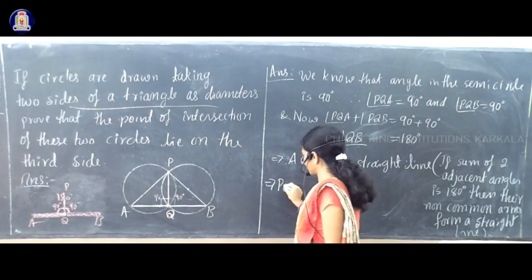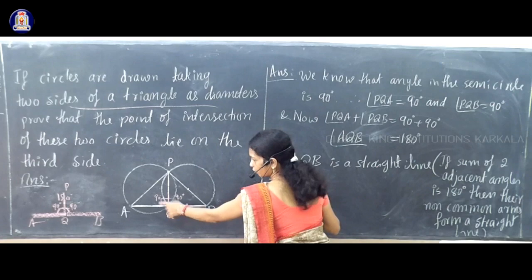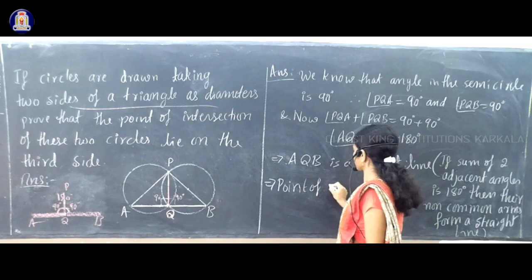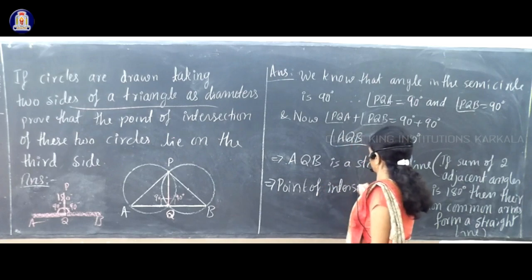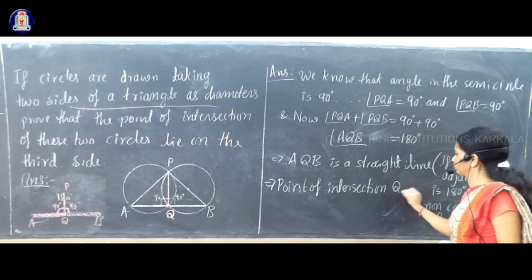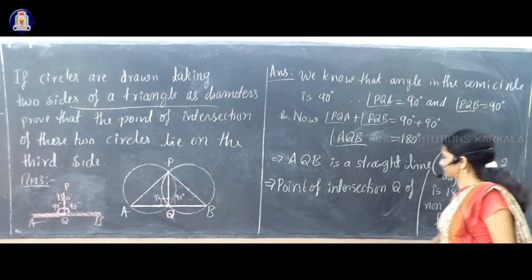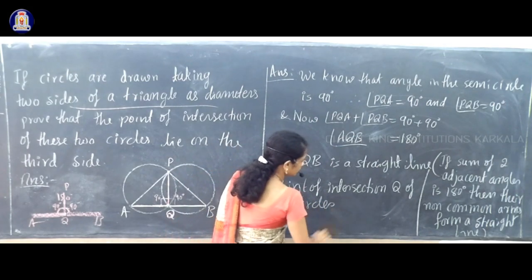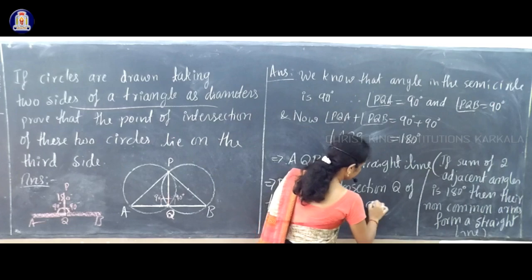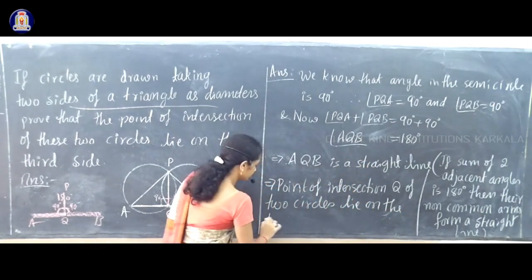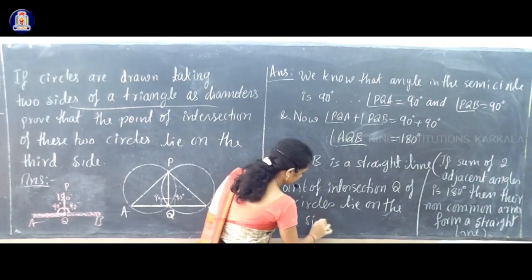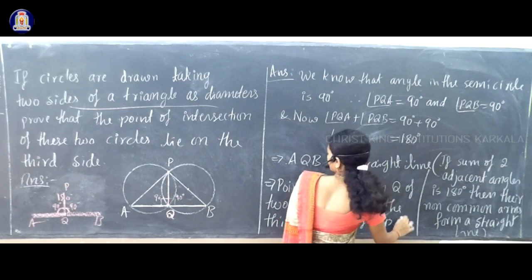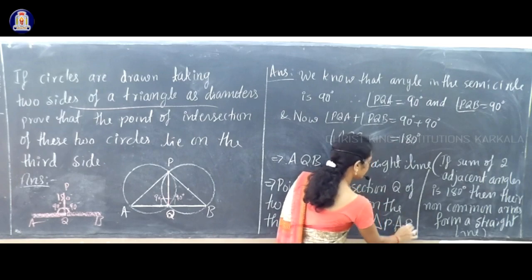Implies the point of intersection Q of two circles lies on the third side AB of triangle PAB. Okay, how have we taken triangle PAB?